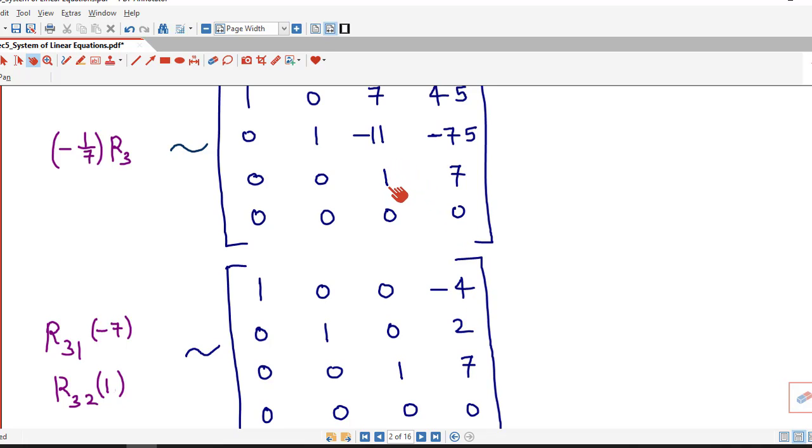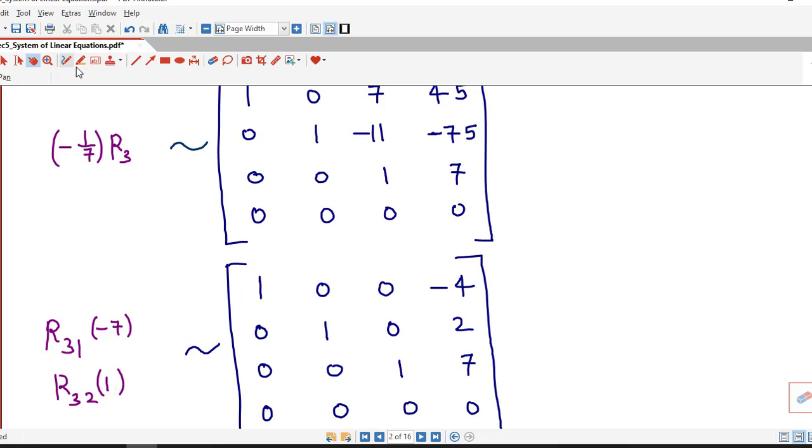And multiplication of third row by -7 and adding here. So these two are 0, so 1 0 remain as it is. And 1 into -7, which is -7 plus 7, so we have 0 here. 7 into -7, which is -49 plus 45, that means -4.